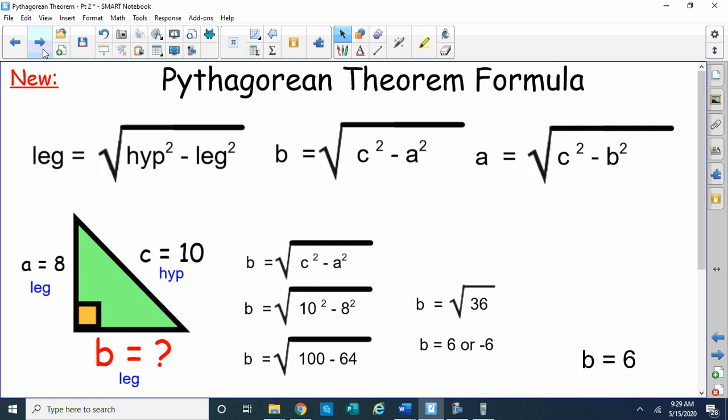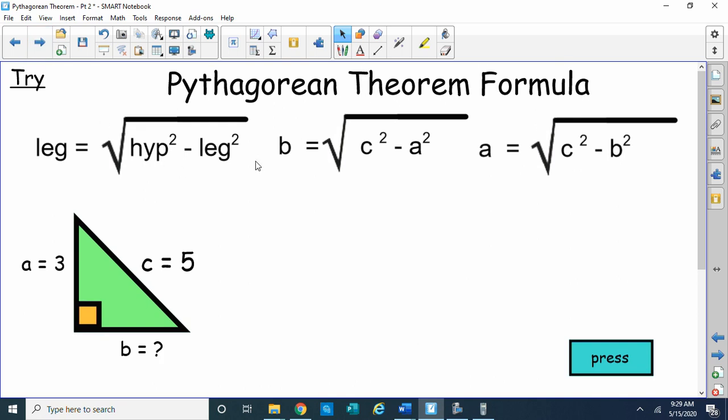So we're going to work on our formula. We have our 3 formulas here, and you can use any one of them that you like in order to find the missing leg. So we're finding the leg. Remember, all you do is take the hypotenuse, square it, and then subtract the other leg from it after you square that, and then take the square root.